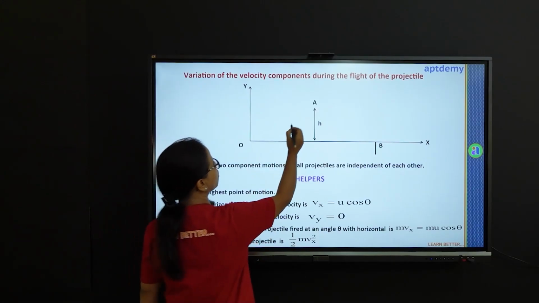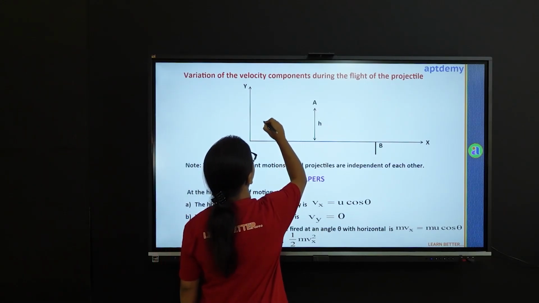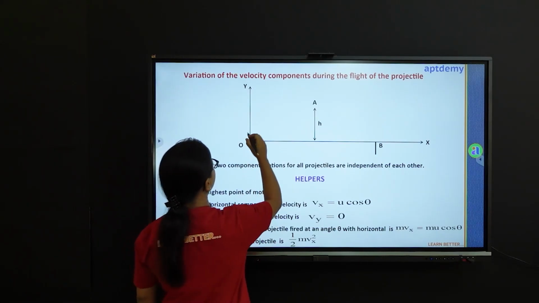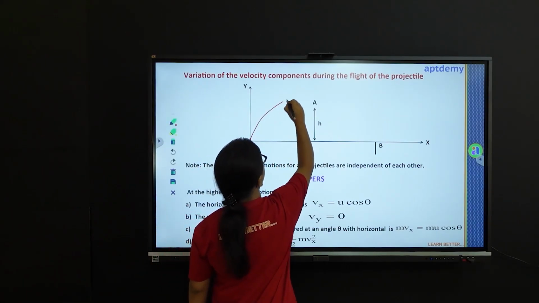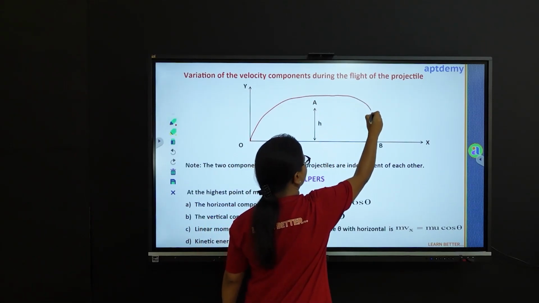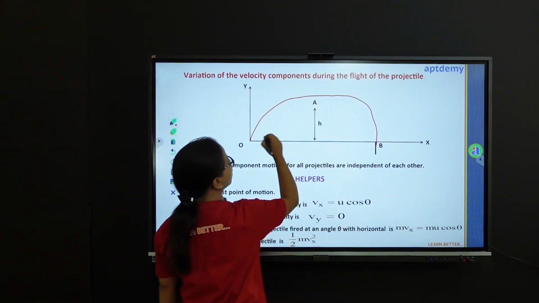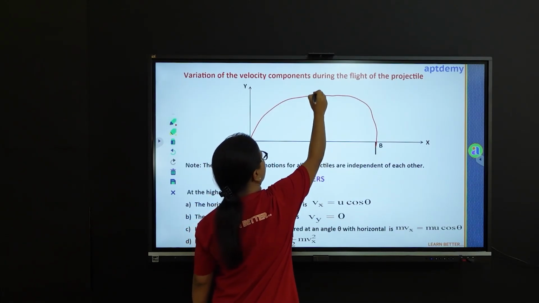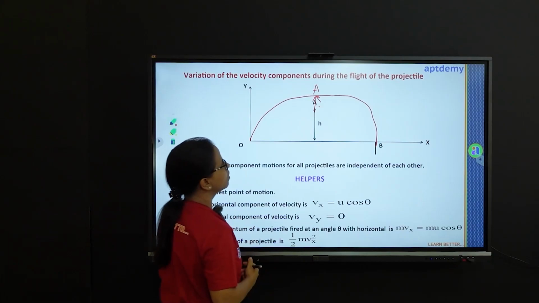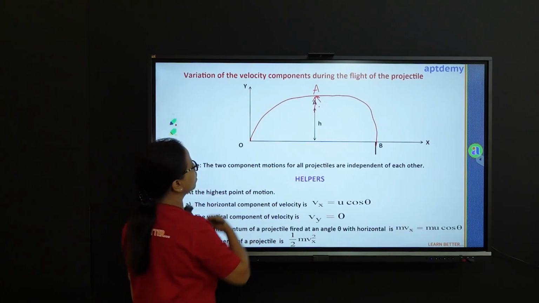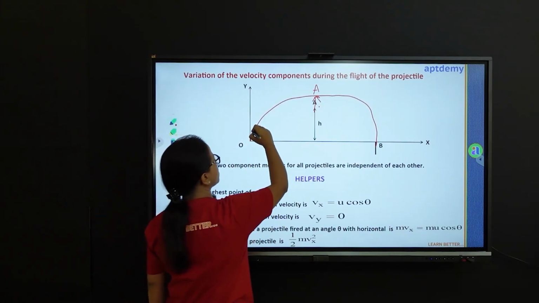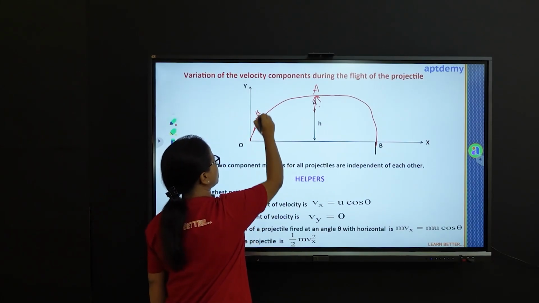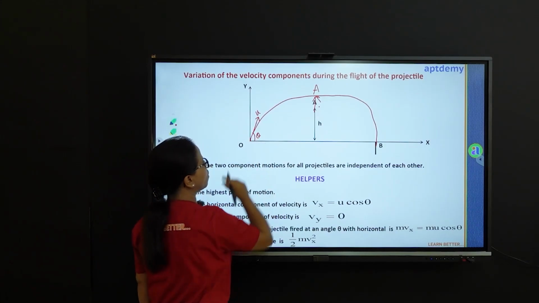We consider a projectile. This is the path followed by a projectile, say. This is the maximum height. This is, say, A. Now suppose the projectile is fired with an initial velocity u at an angle theta with the horizontal.